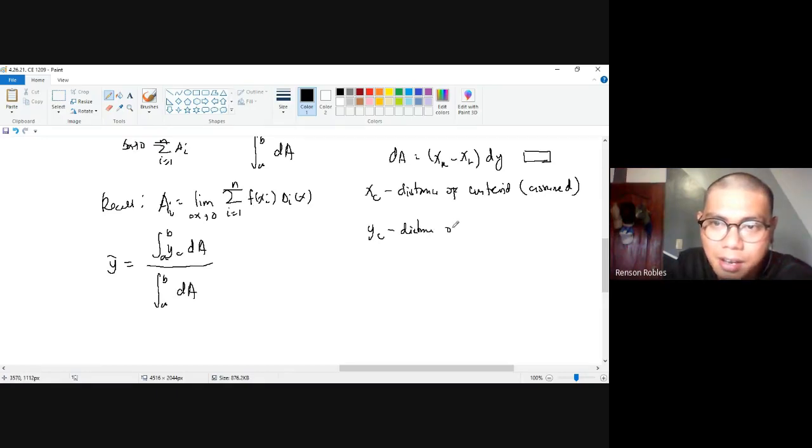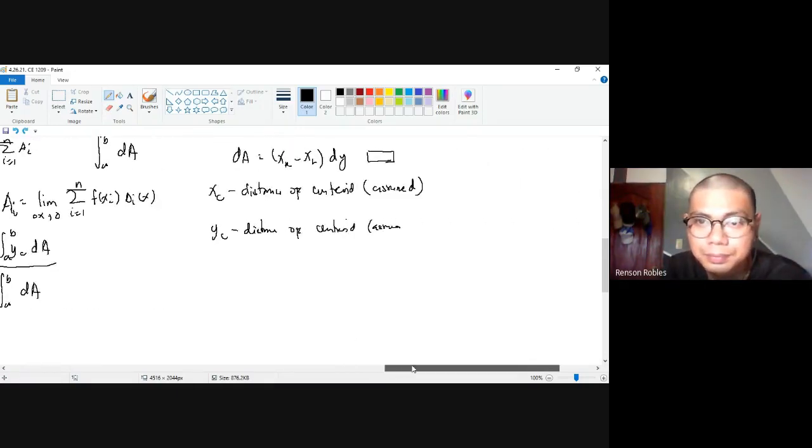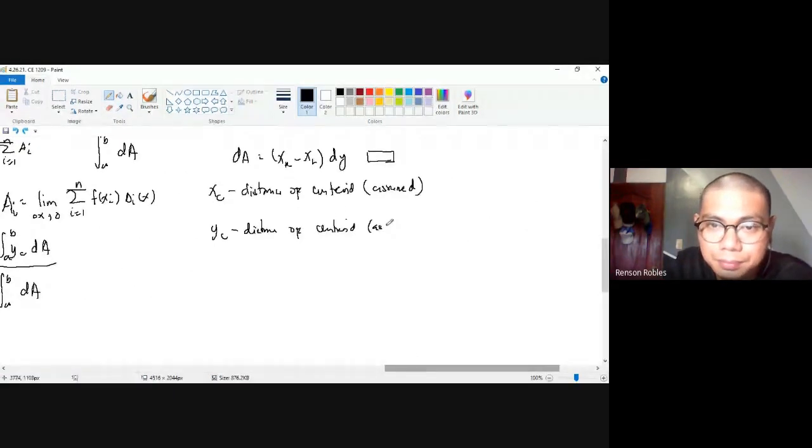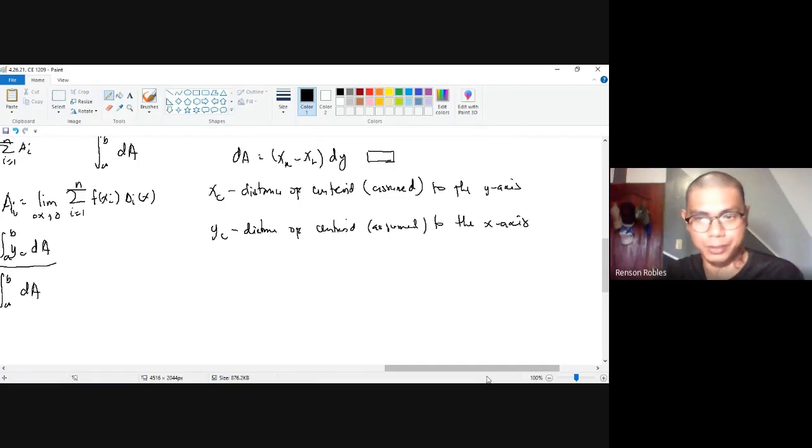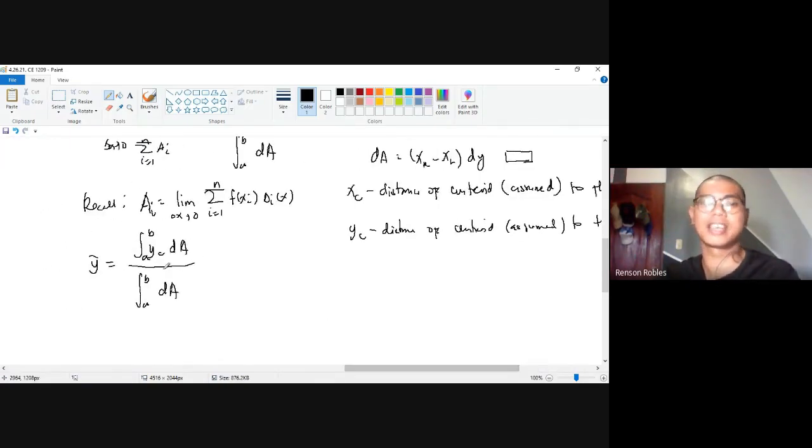Distance of centroid, assumed centroid, to the y-axis, ito ay x-axis. Okay? Yeah, I hope you're getting it right. Yeah, sorry. So ito na yan.